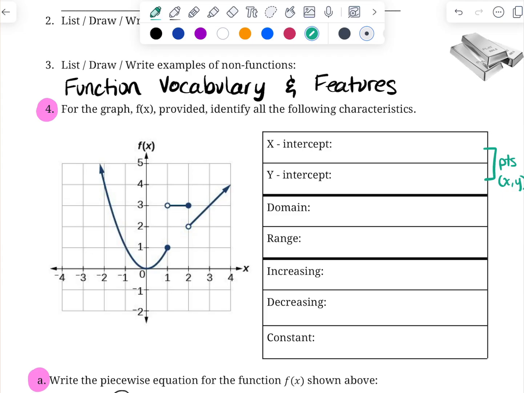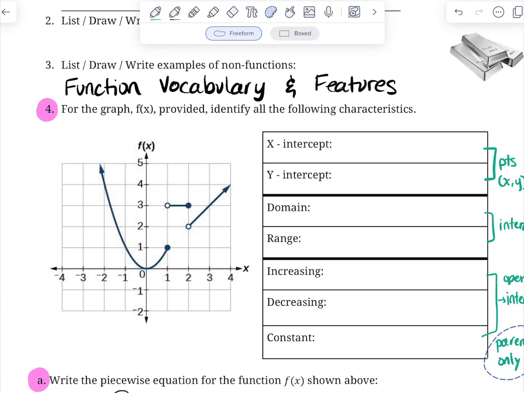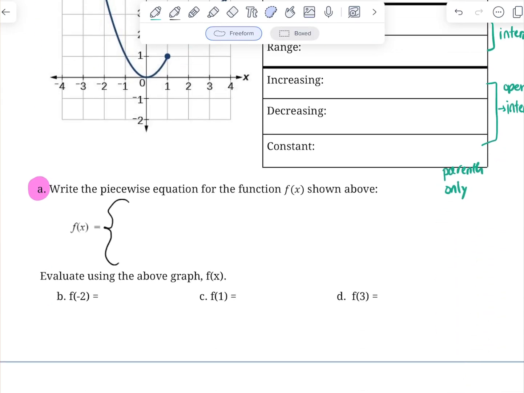Domain and range are an interval of x values. And increasing, decreasing, constant are also intervals, but they are called open intervals, so it's parentheses only for these. I'm going to move that little note over here: parentheses only, because they are an open interval.